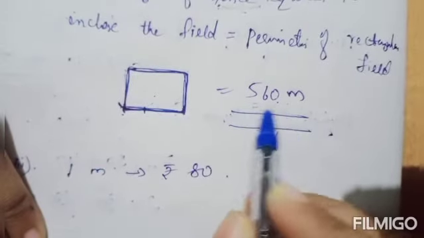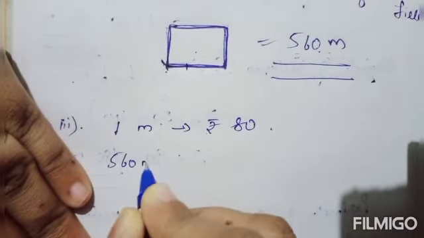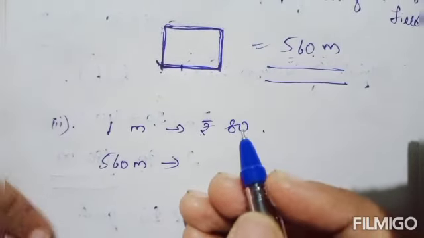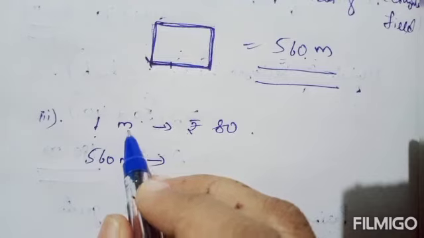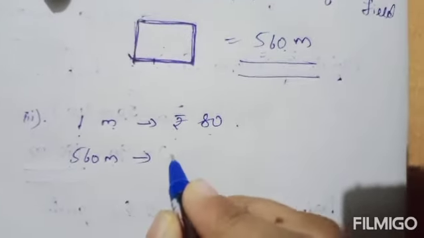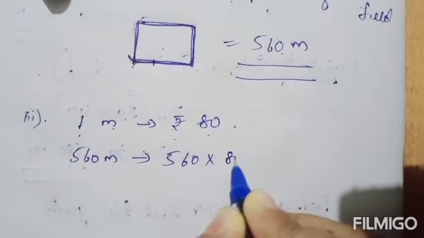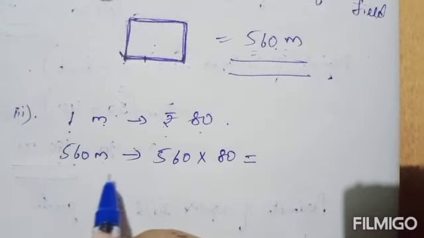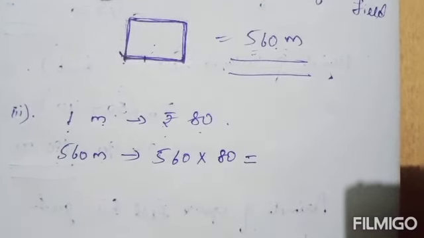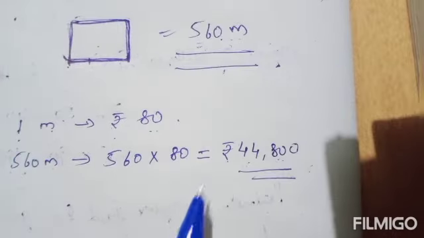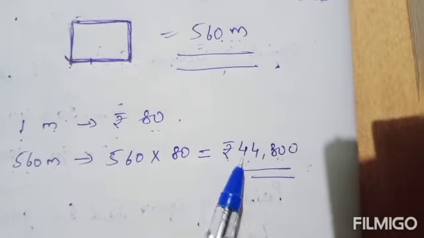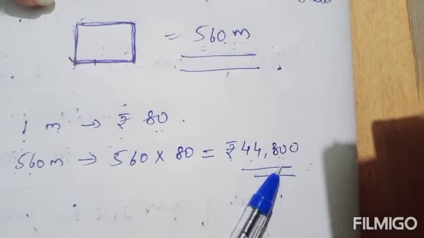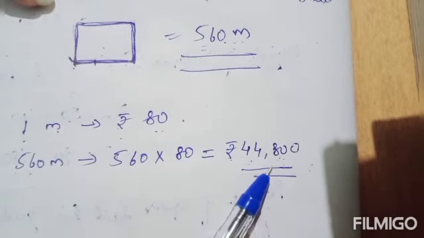Perimeter of rectangular field we found is 560 meter. So for fencing 560 meter, what is the cost? For 1 meter it is rupees 80. So for 560 meter, just multiply 560 into 80. You will get rupees 44,800. Okay, so this is the cost of fencing the field at the rate of rupees 80 per meter.